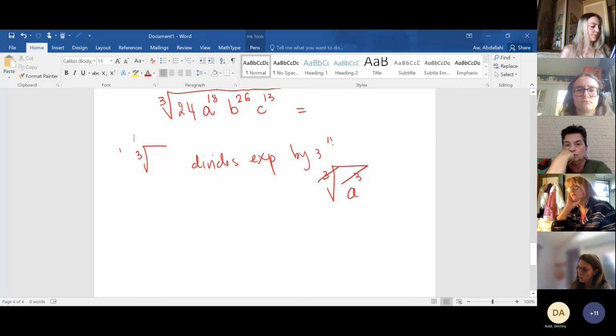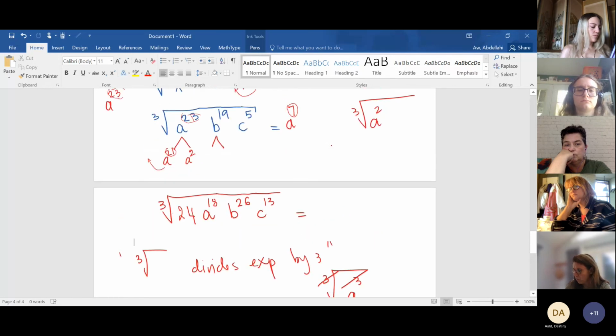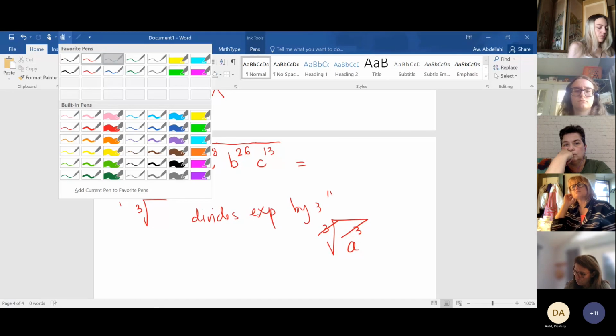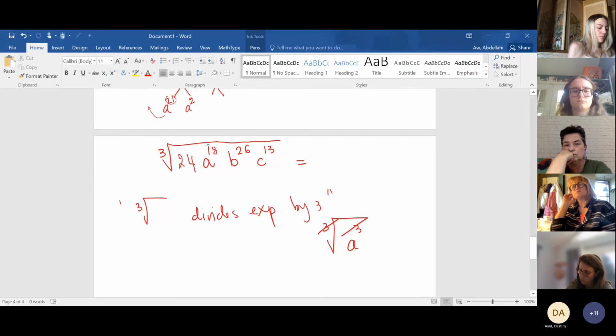Now, you have two types of exponents: the one you can evenly divide by 3, and the one you cannot. If you can divide it evenly by 3, you don't need to do all this breakdown. For instance, look at this number right here in the last example, 18.